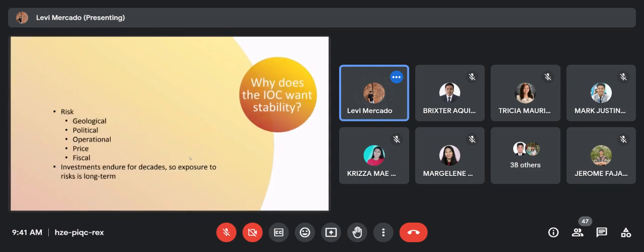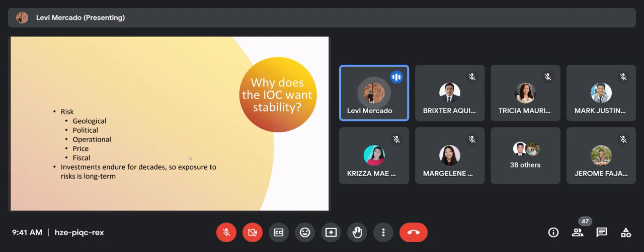Bakit? So why does the IOC want stability? Because of risk. Although hindi mo matatanggal ang risk, we can control the risk. Ano yung mga risk na yun? Geological risk, political, operational, price, and fiscal. Geological risk, so okay.